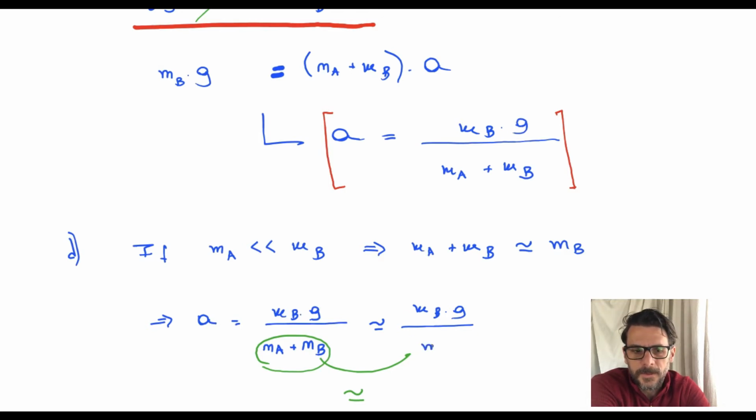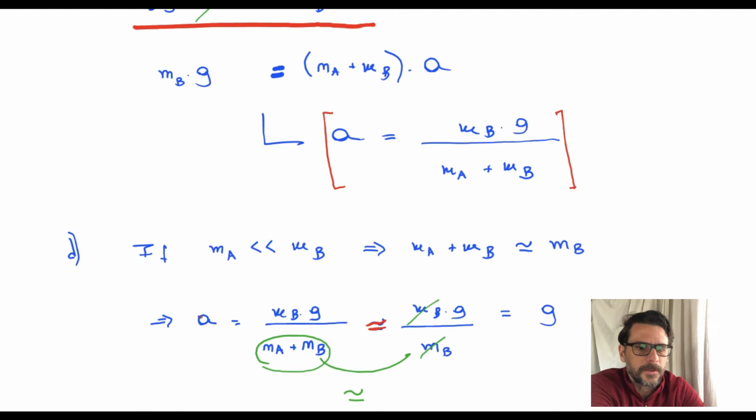Now, in this approximate scenario, we'll end up with an expression in which mass of B can be simplified. So this is equal to just gravity. And this is what we have just said a few minutes ago, that the acceleration will be close to the acceleration of gravity. Bear in mind that there is an approximately equal to sign in the middle.